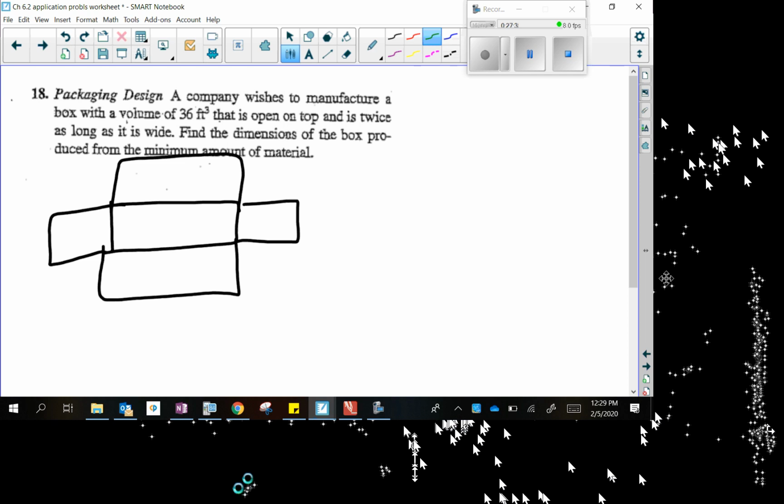X and 2x. This would be x and this would be 2x. Does that make sense? And then the height, y.